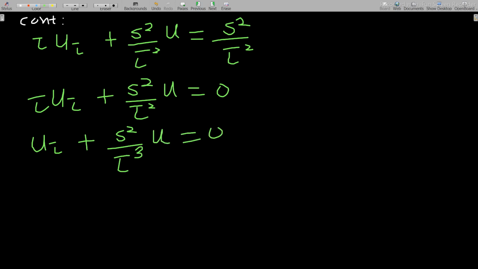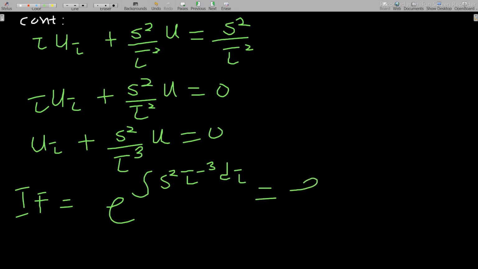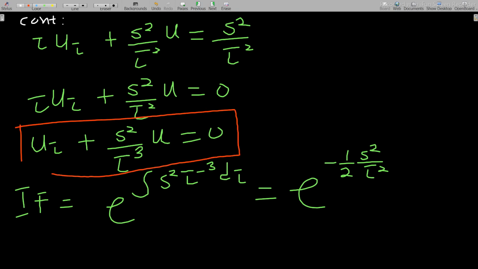And now my integrating factor is equal to e to the integral of s squared over tau cubed, which is the same as s squared tau to the power negative 3 d tau, and this will give me e to the negative 1 over 2 s squared over tau squared. So this is very simple. I just have to multiply it through this ODE and solve it.